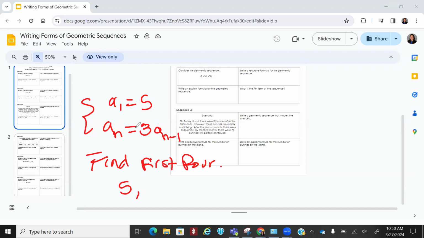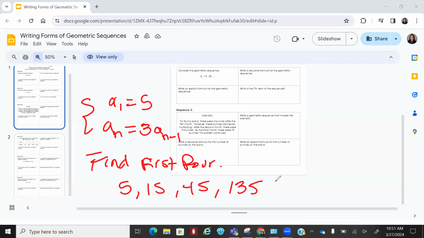It's not 3. No, that's the rate. So what do we do with the rate? Multiply. What's 5 times 3? And then 15 times 3? And then 45 times 3? Use your calculator. What is it? That's how you find the first four terms.